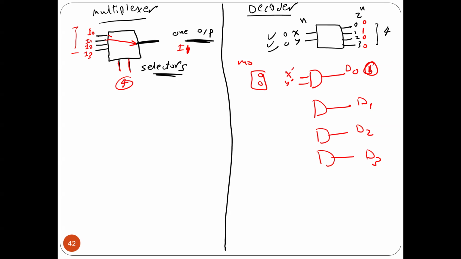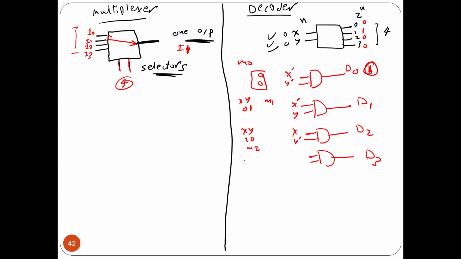In case of number 1, it is this way, assuming this is x and this is y. So this time it has to be x prime, y. This is minterm 1. Here, if it is number 2, this one has to be x, y prime. This is minterm 2.